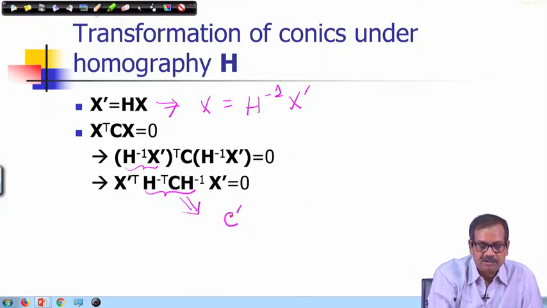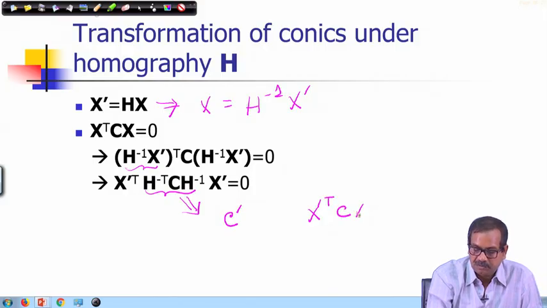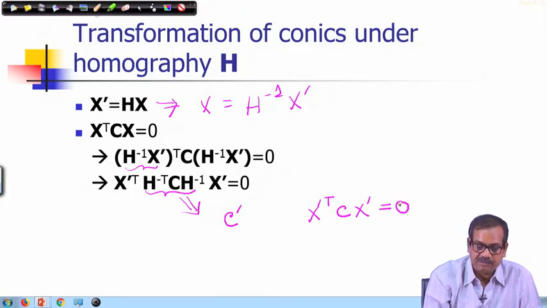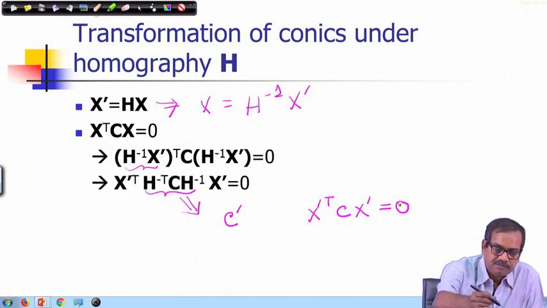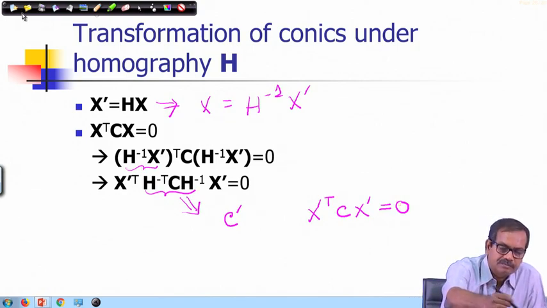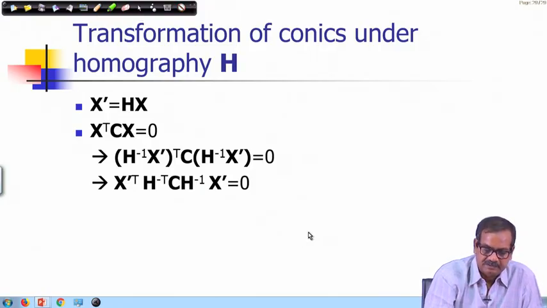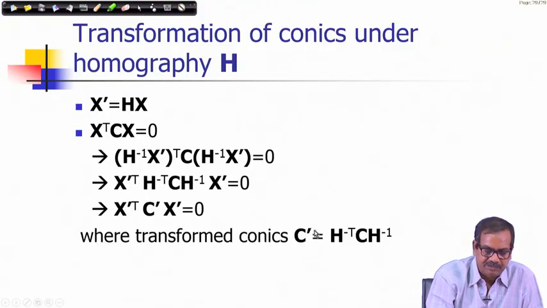Now, this is also a 3 cross 3 matrix, and you can find that even in the transformed space you have a 3 cross 3 matrix which satisfies this equation, and this is nothing but again another conic representation.